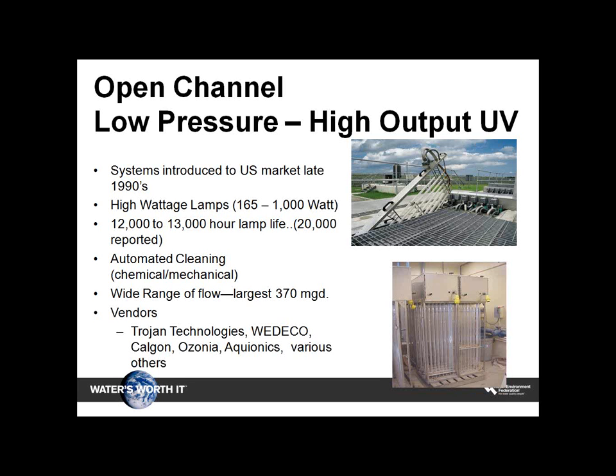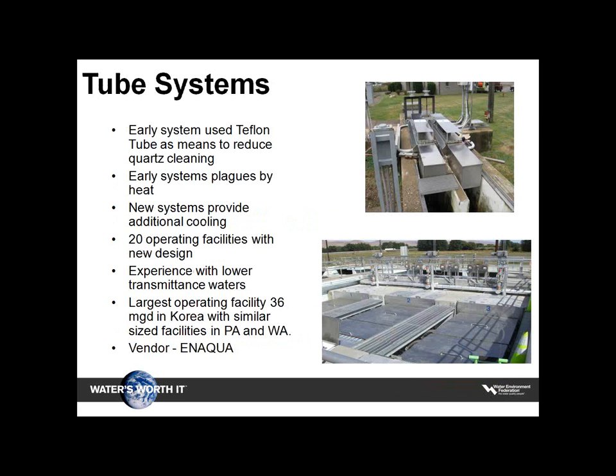Very large systems now, into 370 to 400 MGD. They all have pretty much automated cleaning. Some have just chemical, some have chemical and mechanical, some just have mechanical cleaning. But we get relatively long life, and the technology is moving 12 to 13,000 hours. The largest that we've seen, or longest, is around 20,000 hours. And there are a number of vendors that provide this type of equipment.